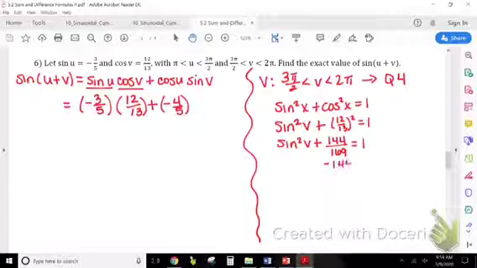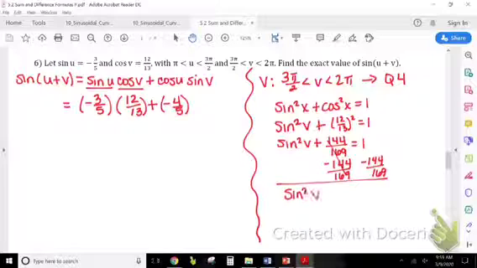And so let's get sine by itself, and then take the square root.